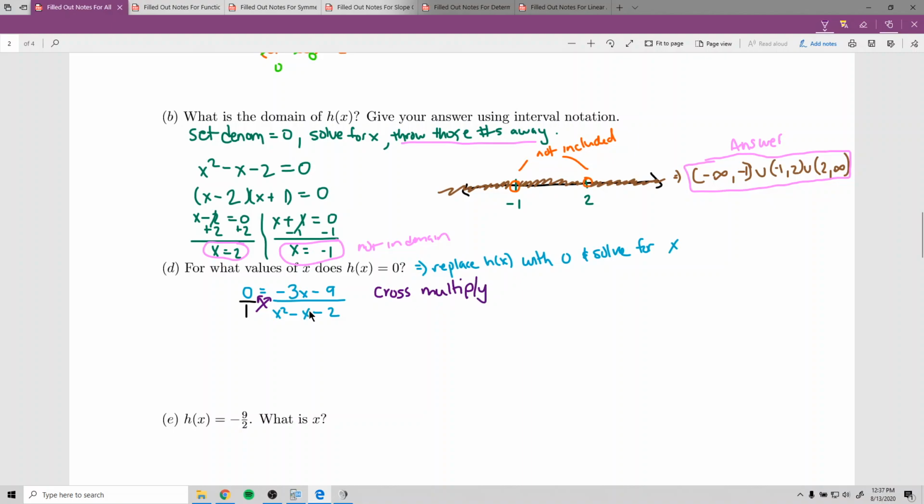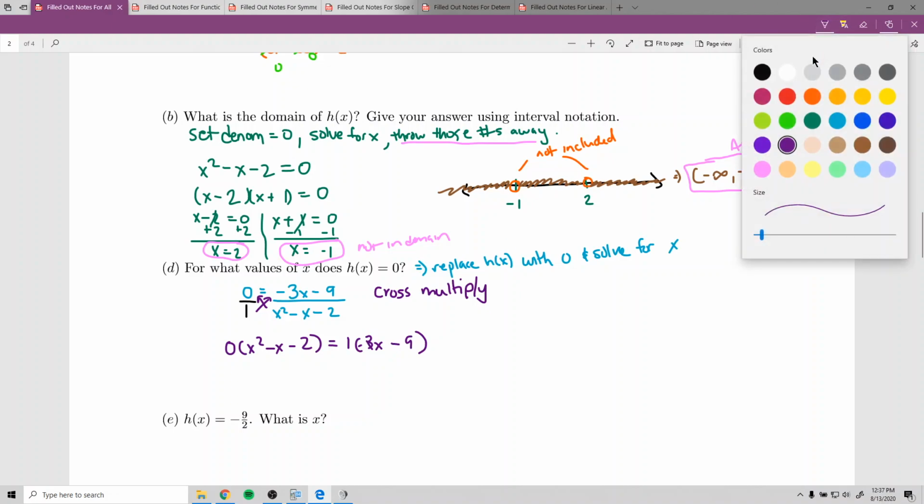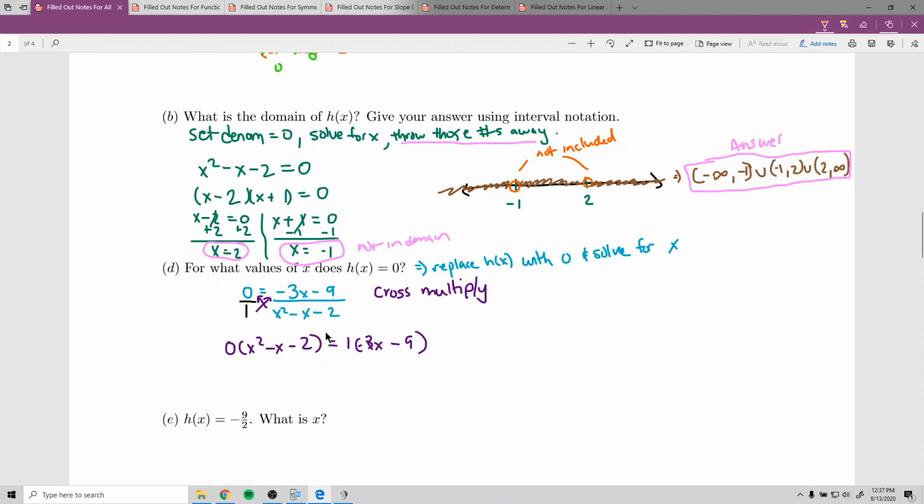We can cross multiply when there's one fraction on each side. When we do that, on the left side we have 0 times x squared minus x minus 2, and on the right side we have 1 times negative 3x minus 9. Now the left is great because 0 times anything is 0. And the right is also very easy because multiplying by 1 does nothing, so we have negative 3x minus 9.